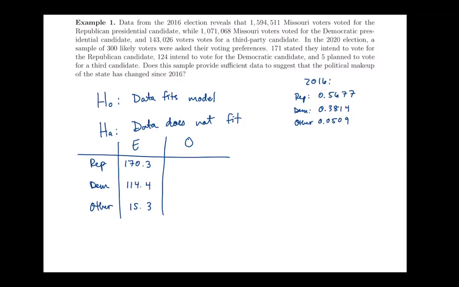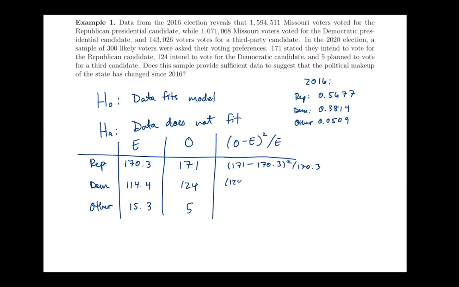Now, the actual sample of those 300 people found 171, 124, and 5. Those were the actual numbers as compared to the expected values. Now we take each of these values, observed minus expected, square it, and divide by the expected. So this will be 171 minus 170.3 squared over 170.3.